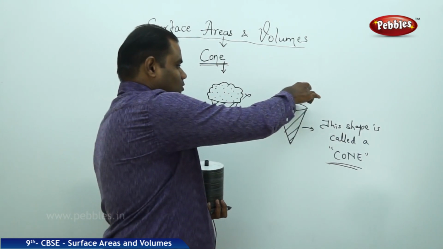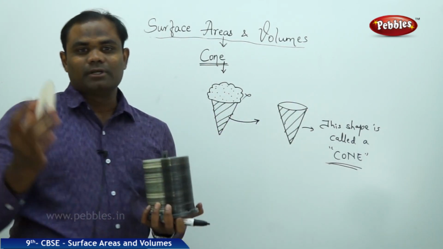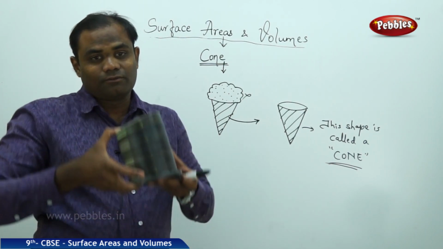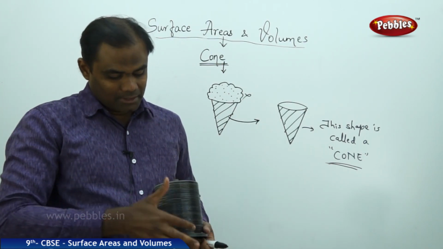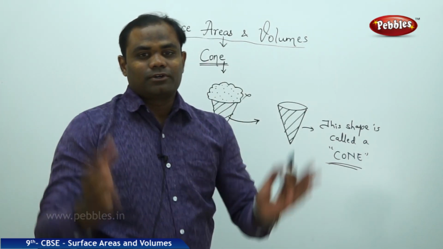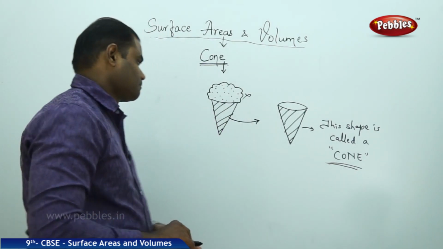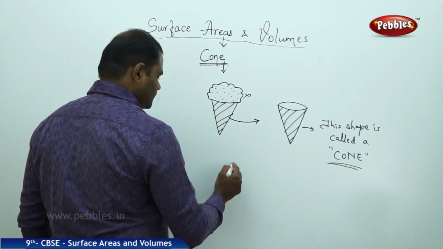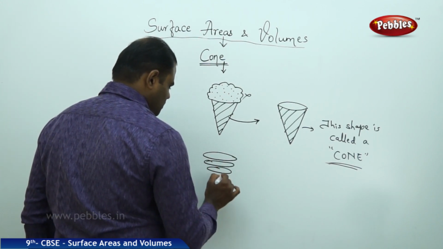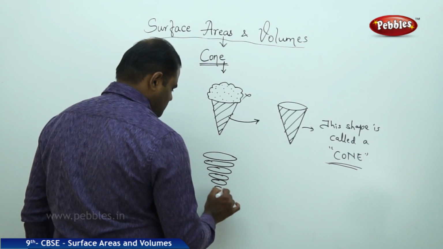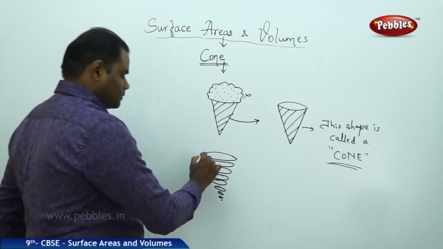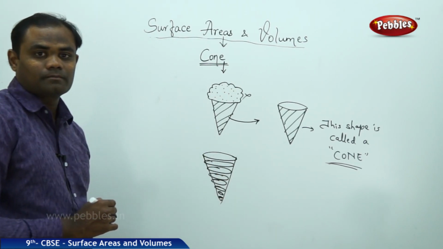The first CD is on the top, then the next CD is a little smaller, and we get a shape quite different from a cylinder. A cylinder has all CDs of the same size, but a cone has CDs which decrease in size. So I take a CD, then a smaller CD, the next smaller, and the next. I get a shape which is called a cone.